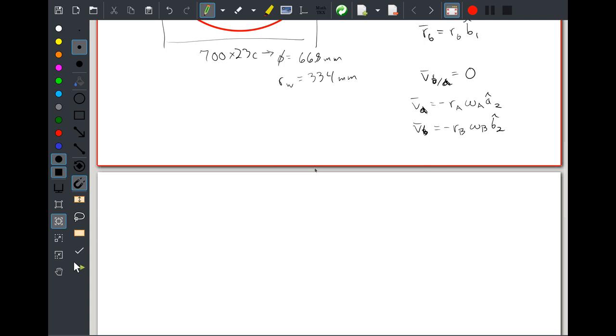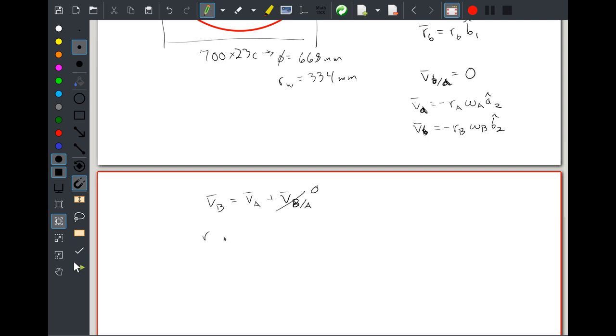Now let's plug in our constraint. VB equals VA plus VB to A. But this term we already said was equal to 0.